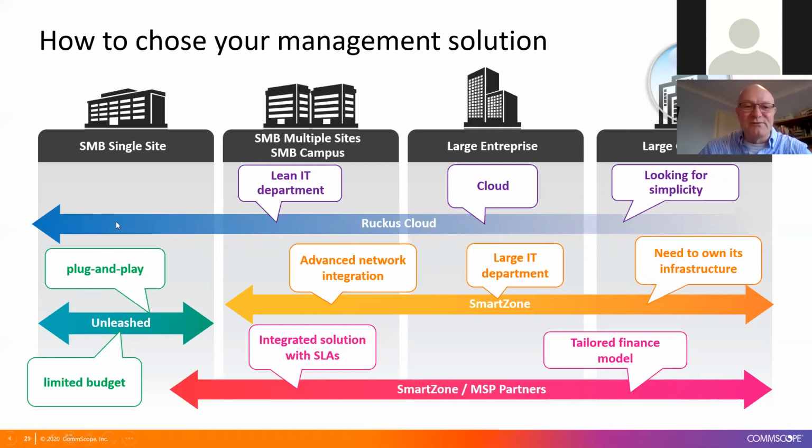That sits perfectly within SMB single sites, or even high-end residential environments. In fact, our biggest partner of Unleashed, certainly within the UK and Ireland, but possibly within Europe, sells a whole load of Unleashed within the high-end residential environment, and very successful for their particular dealers. So Unleashed is a great option for that end of the market.